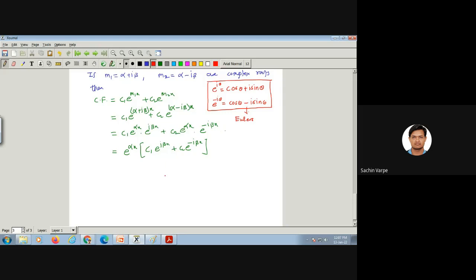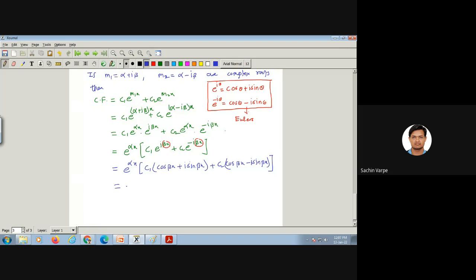Okay. So with this, we use these formulas for e raised to i theta and e raised to minus i theta. So what does it become then? It is equal to e raised to alpha x into C1 (cos beta x plus i sin beta x), right? Plus C2 (cos beta x minus i sine beta x), isn't it?